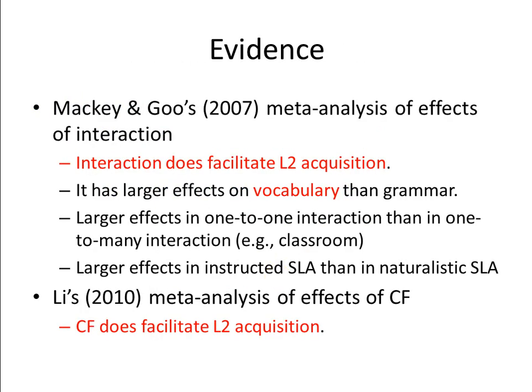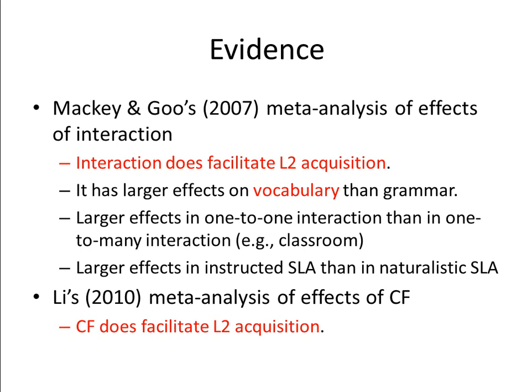And is there any evidence? Yes, there is evidence. There are effects of interaction, good effects, of course, on second language acquisition. So interaction does facilitate second language acquisition. And actually, interaction has larger effects on vocabulary than grammar.